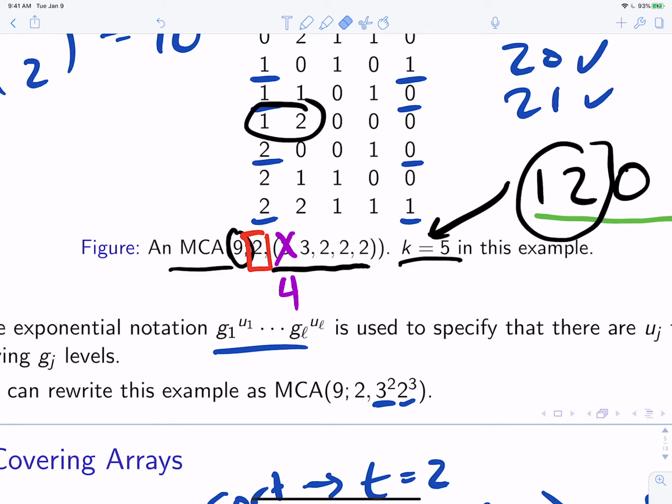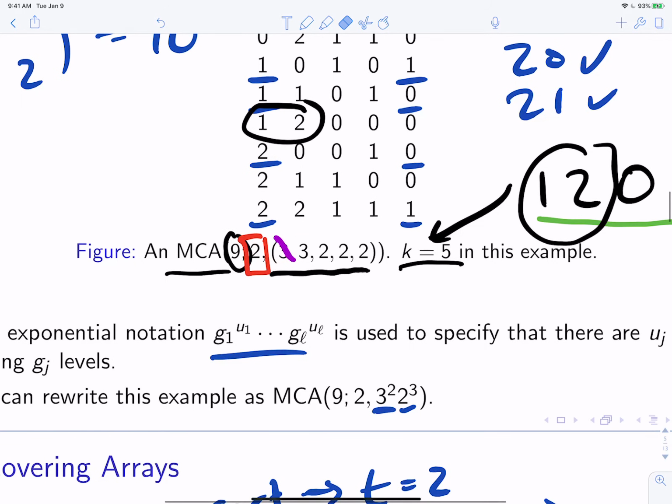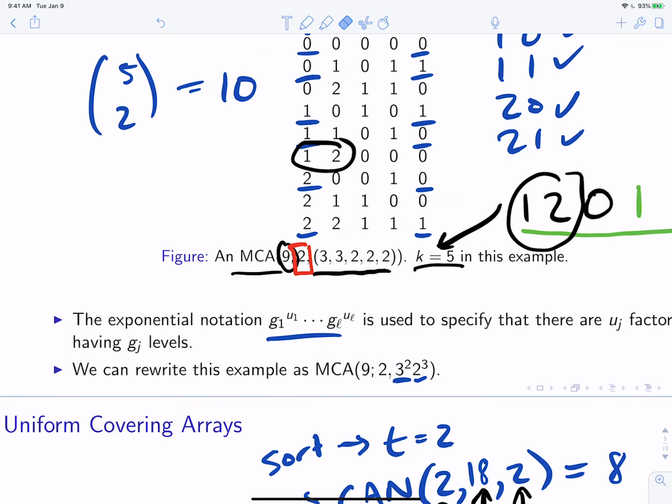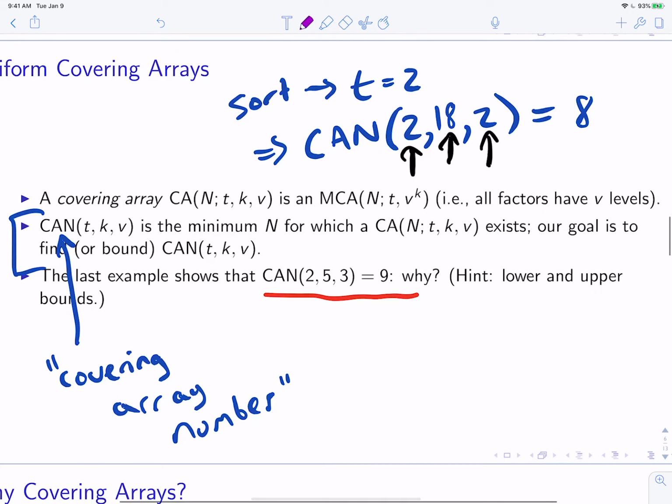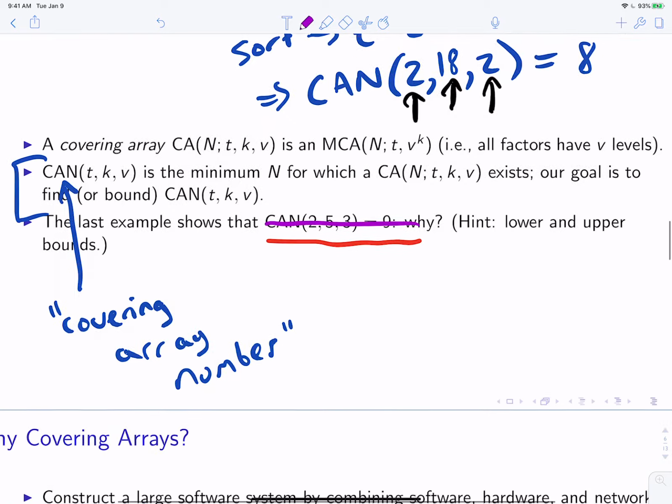So if I add symbols, that does not imply that I can have the same number or fewer. In fact, in this case, you actually do need more. So I'll rectify this and upload the slides again, but this is just not true. If you thought that the last statement implied that the covering array number with 2, 5, 3 is equal to 9, that is not true.